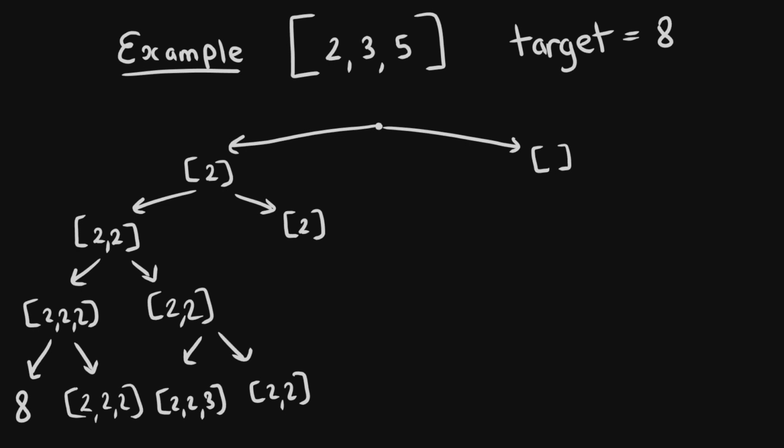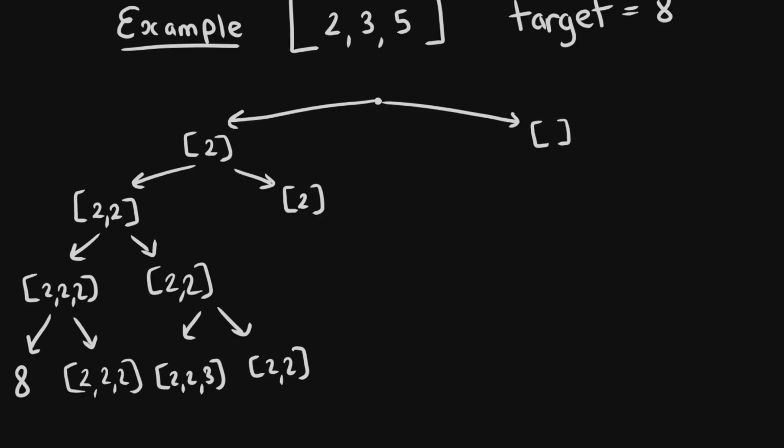This will be 7 plus 3, which is 10, and that's going to be over the target. So we'll kind of assume this path instead, and we can either take a 5 or not take a 5. So let's say we take a 5, then we'll have 4 plus 5, which is 9, and that means we can't go down that path either.